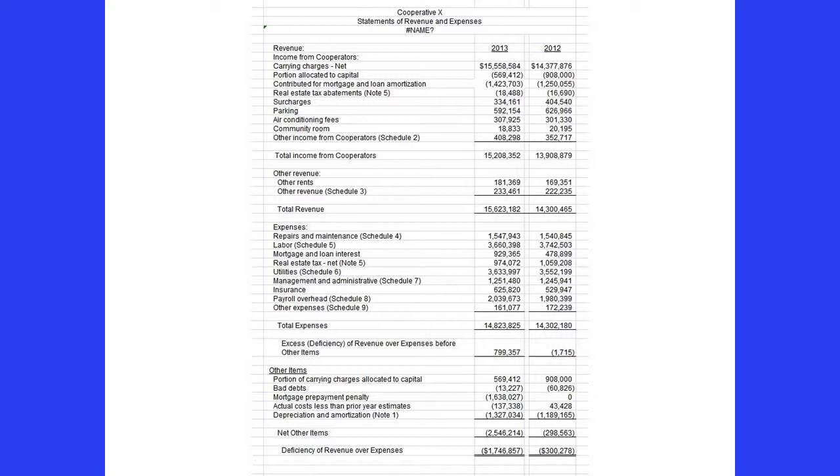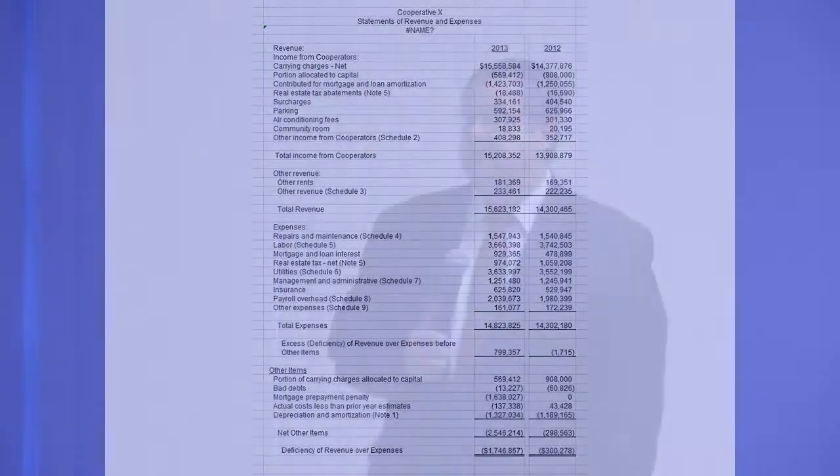That's the reason why the item for the mortgage interest and the portion allocated to capital are minuses here. They're in the monthly common charges, but they're designated for the mortgage payment, and they're designated to be put into the reserve fund.